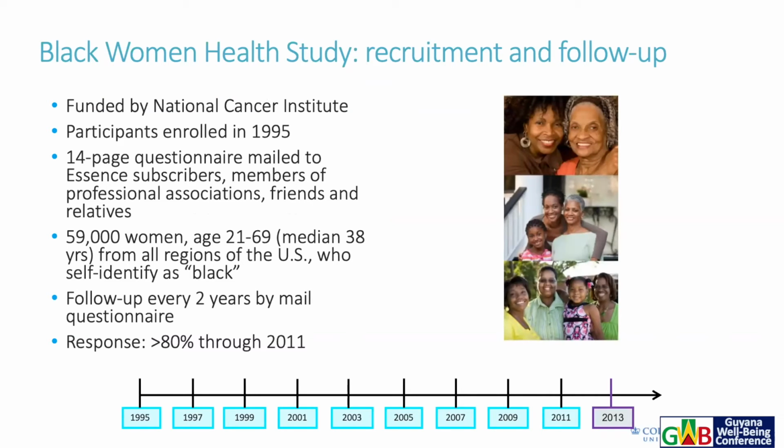Participants were enrolled in 1995. It was a large study of women back then, 21 to 69, with questionnaires, and they were followed up every 2 years by mail and questionnaire. Early on, they were able to give a blood sample, which we used to isolate blood DNA and do DNA methylation studies.